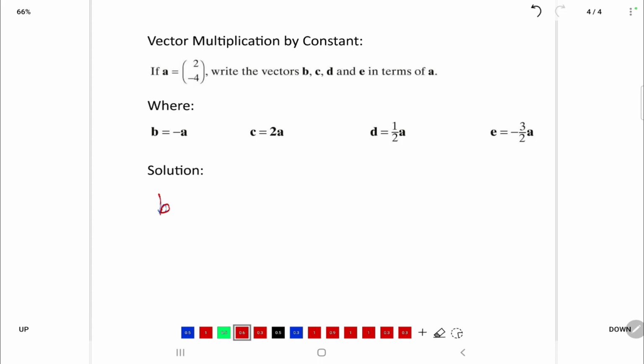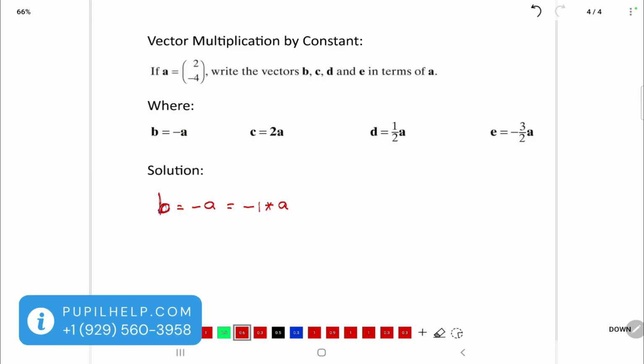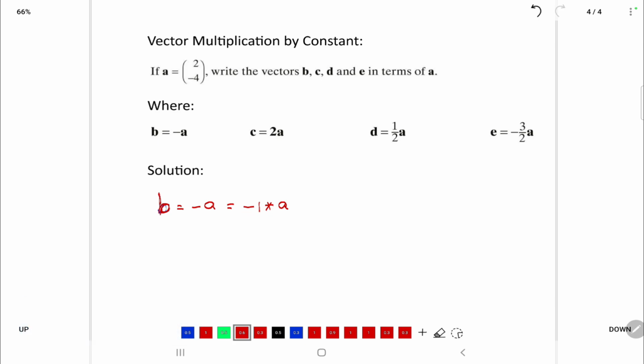You see, B here is like this. B equals minus A. That means it is minus 1 multiplied by A. So to find B, I multiply A by minus 1. So this will be minus 1 times 2, minus 4.